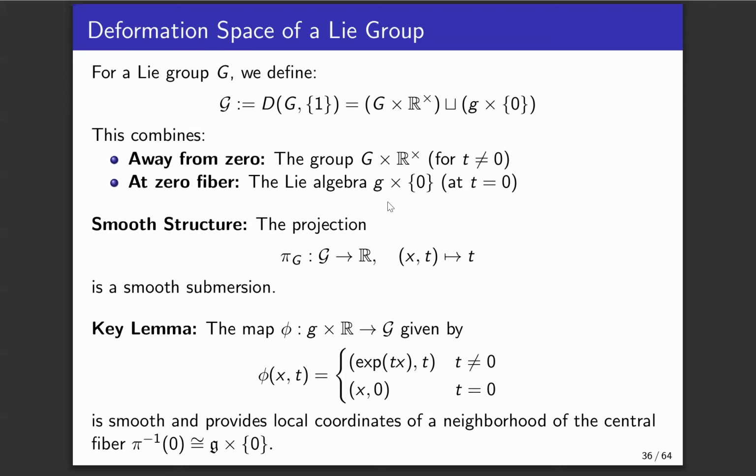In this case, the central fiber is the Lie algebra, and this map phi is smooth, and it defines some local coordinates of a neighborhood of the central fiber, which is isomorphic to G times 0, the Lie algebra of the Lie group. And this lemma is important because we will use this map to define our Hamiltonian deformation. So we keep that in mind for the further constructions of examples of deformation theories.